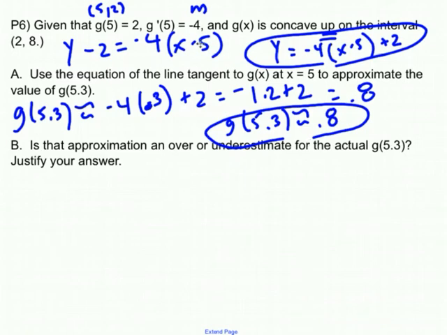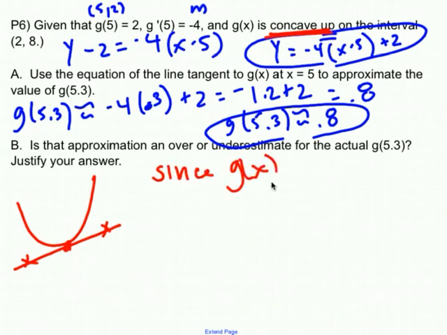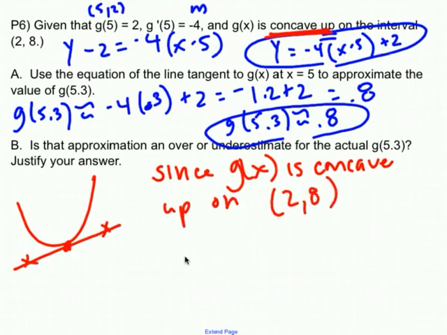So once I know that g of 5.3 is approximately 0.8, that's my first answer. Then I'm asked, is it over or under? Well, I'm told that the graph is concave up, so that looks like this. Draw a tangent line, you can see that it lives underneath, right? Those values would be under. So since g of x is concave up on this interval, g of 5.3, 0.8, is an underestimate.